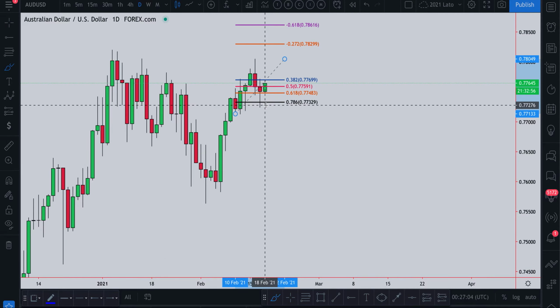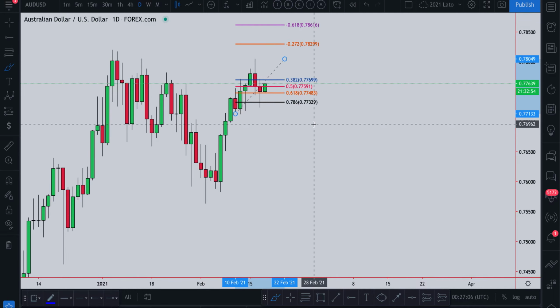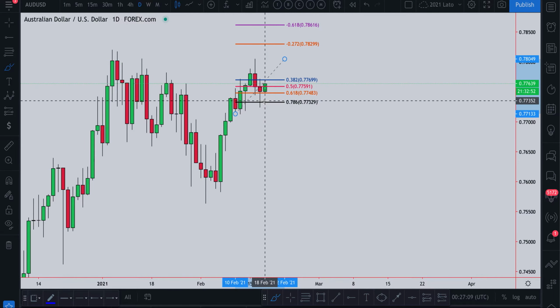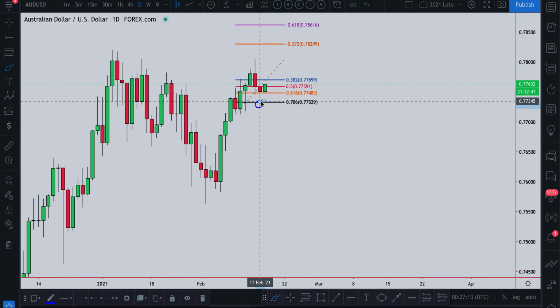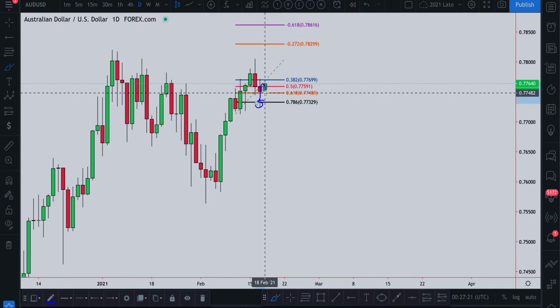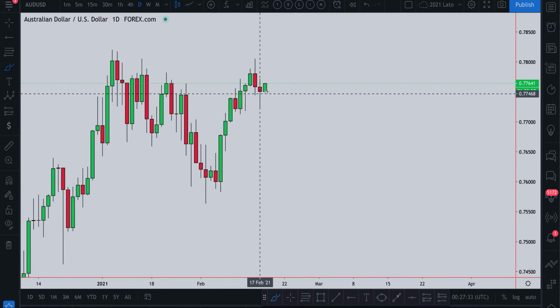When the rejection happened, at that time the market tested 0.786 and could not hold at that location. So the market went back up again and then came back down to test 0.618 of the Fibonacci level. That 0.618 level was tested for almost 2 to 3 days.